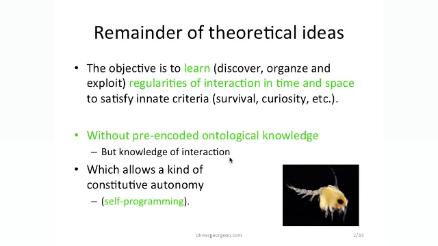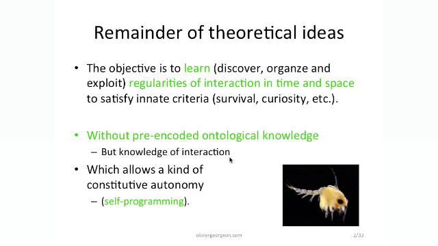That doesn't mean that we do not encode any knowledge about the environment. It only means that we don't encode what we call ontological knowledge about the environment. But we encode presuppositions about the interaction. So those presuppositions are about the agent's possibilities of interaction with its environment, but not about what entities exist in this environment.